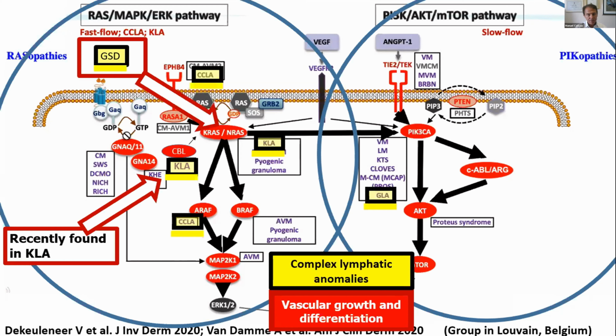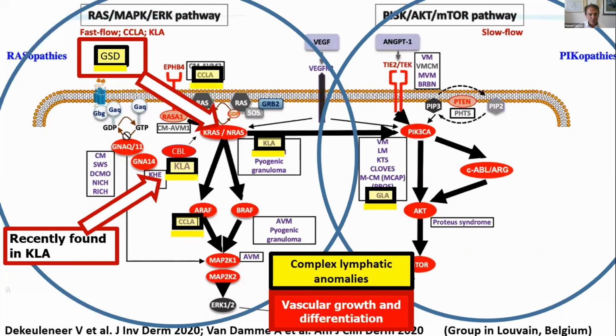But we're learning more. Just recently, in the last couple of years, a patient with KLA was found to have a mutation in a gene called CBL. This is another gene that we didn't really know too much about. We still probably don't know that much about it, but it interacts with KRAS and NRAS, and it has been found to be involved in KLA.